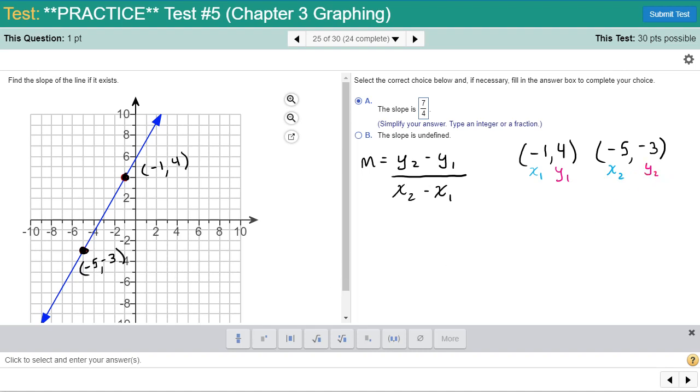All right, so we're ready to go, and let's plug in this information and see what we get. So we're going to have m is equal to, and what's y2 based on how we labeled?